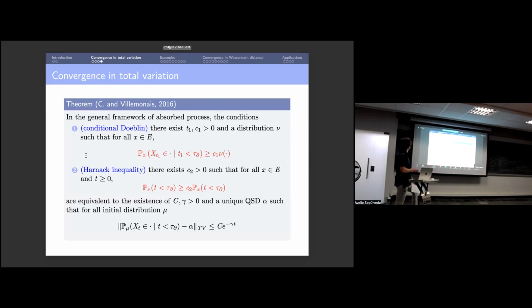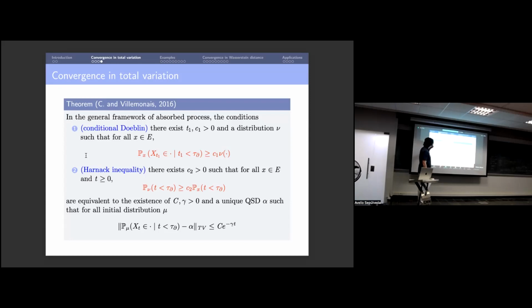Okay, so now all this is very well. Now let me remind you what one of the criteria that we did with Denis Villemonais on total variation convergence of conditional distribution. So we have a criterion that involves two elements. First one, it's a conditional Doeblin condition. So it's a coupling condition, but for conditional distribution. And the second one is a sort of Harnack inequality. So let me explain it.